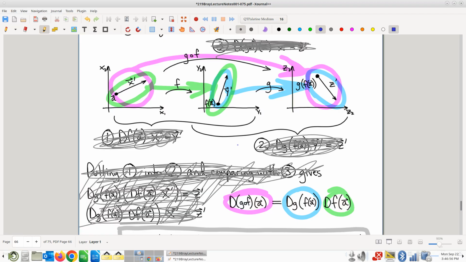But very importantly, we are, strictly speaking, composing these two functions, meaning that what comes out of the first function is exactly what goes into the second function. This is a very specific structure of what we're dealing with.